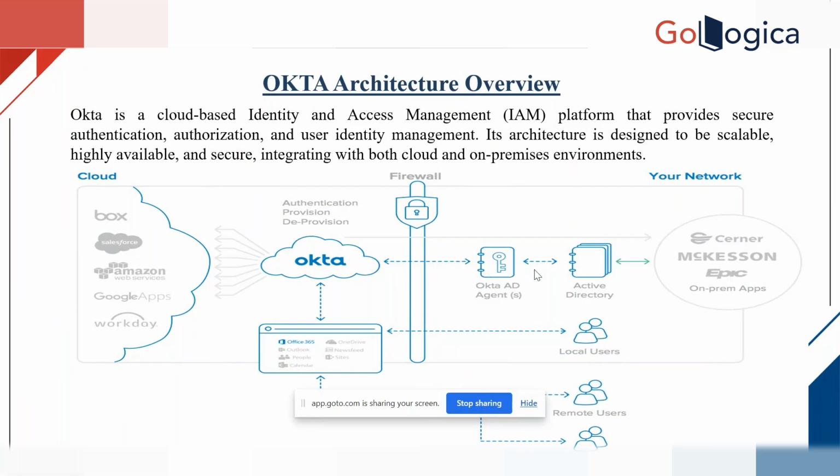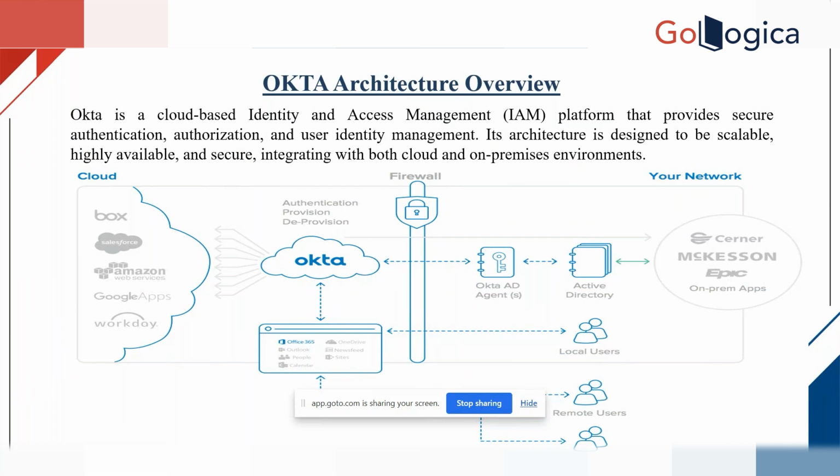Inside the Okta AD agent, we have the AD agent services, which play the role of bridging our Active Directory and Okta. Whatever we have in our Active Directory connects directly with Okta.